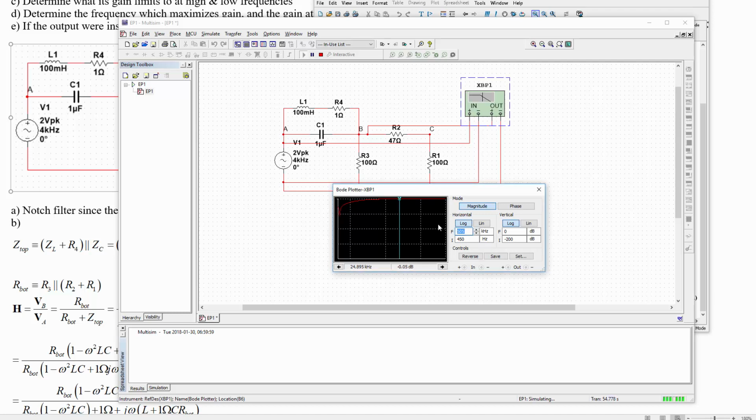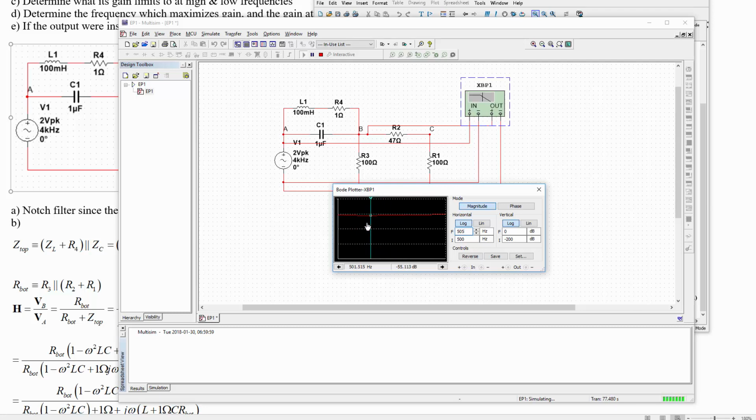Yeah. And 460 hertz. Oh, maybe that just wasn't updating. 500 hertz, and we'll go up to 505 hertz.